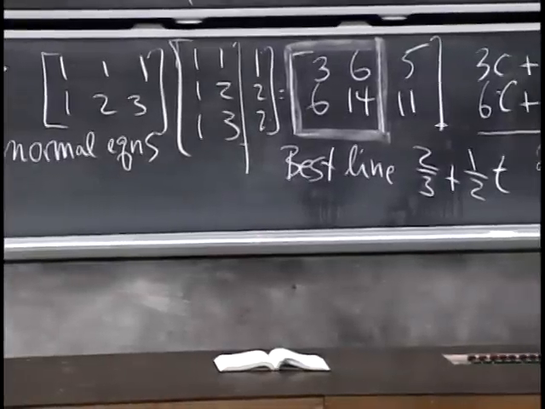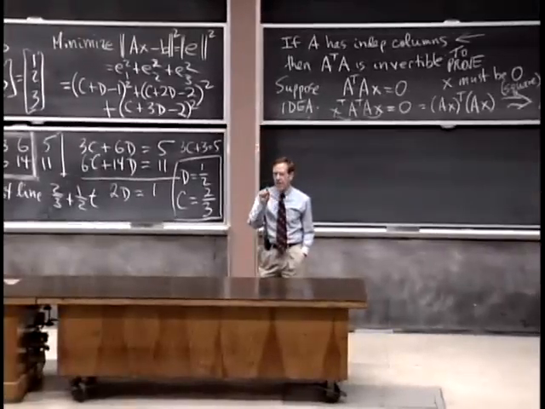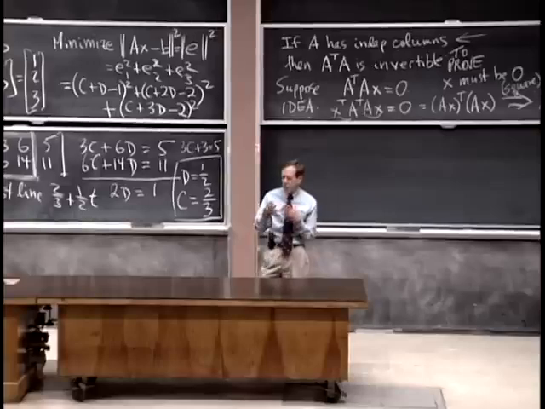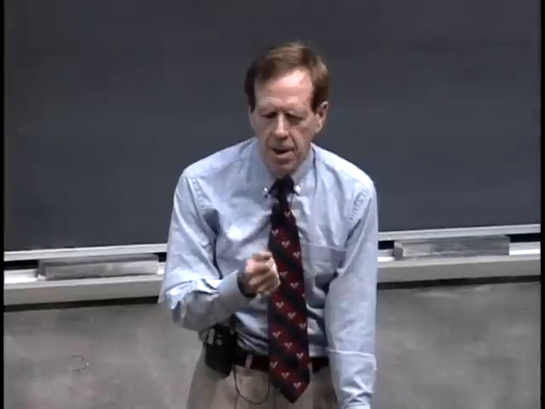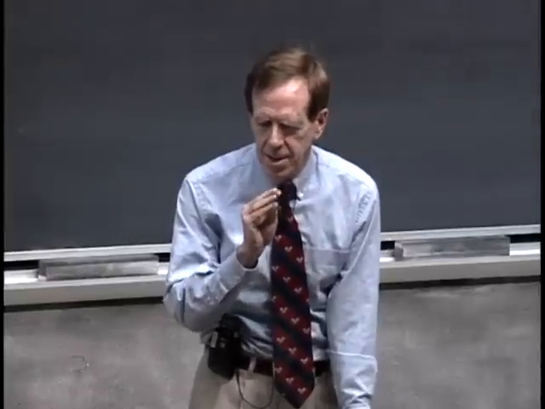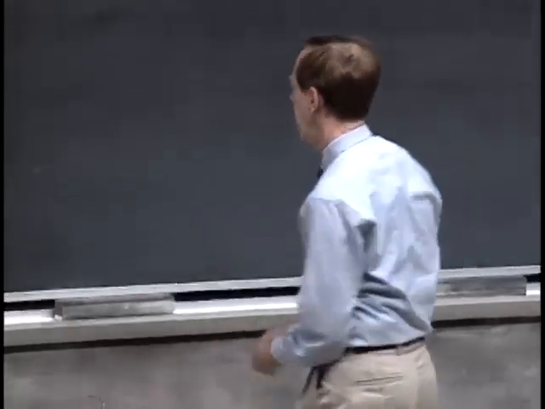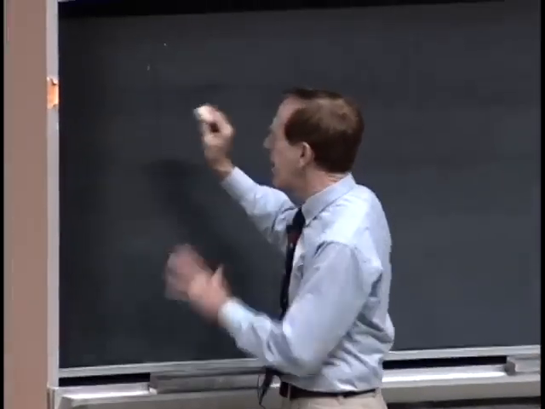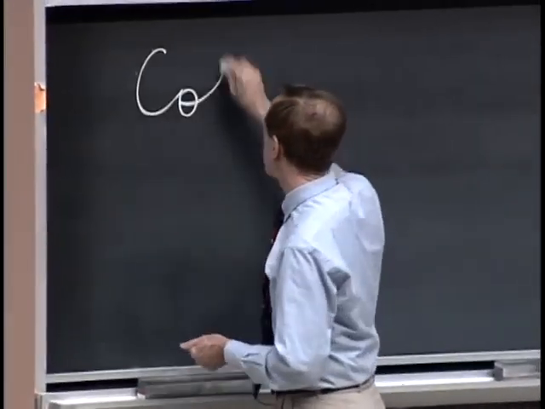There's one case where the geometry gets even better. There's one case when columns are sure to be independent, and let me write that down, and that'll be the subject for next time.